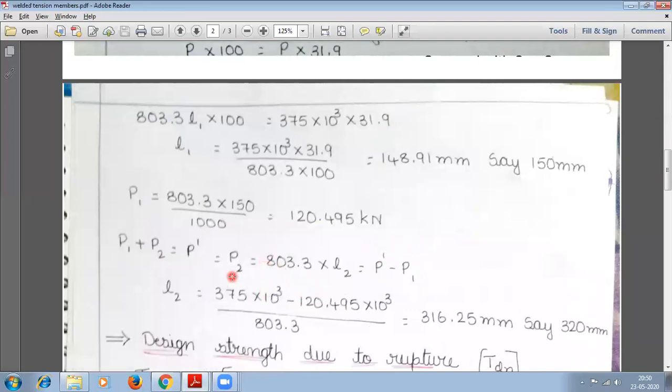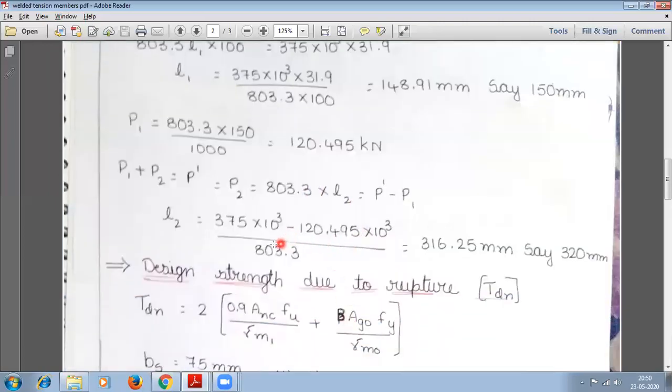So 803.3 into L2 is equal to P dash minus P1. Fine. Did you understand this? So now what is L2? If you put this on the other side, 803.3 will be in the denominator. Fine. So now you got to know this, right?